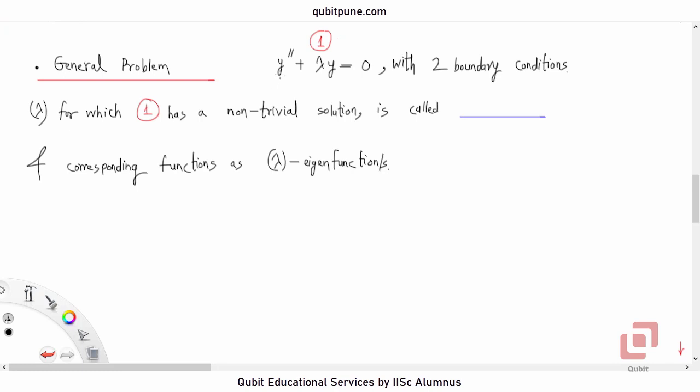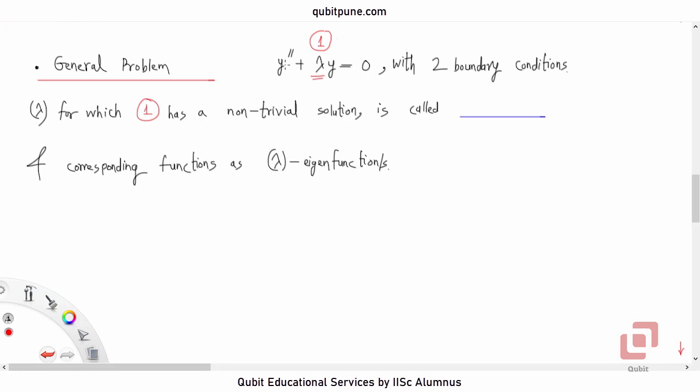Given a differential equation y double prime plus lambda y equal to 0, let's call it 1, with two boundary conditions. Those values of lambda, I'm not saying lambda squared or anything of that sort now, I'm just saying lambda here.